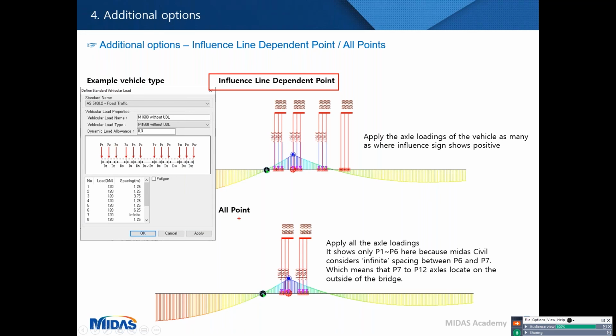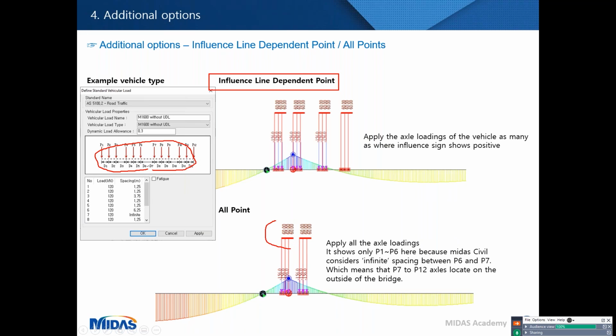But when you apply all point, you will apply all the axle loading to the loading area. So it doesn't consider whether the influence line result is positive or negative value. So you apply all the vehicles anyway.